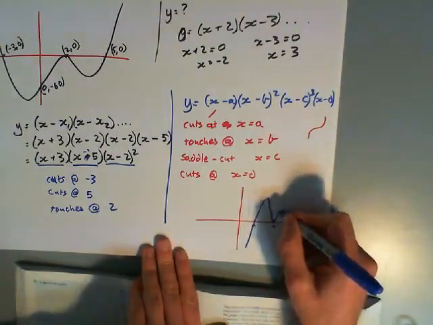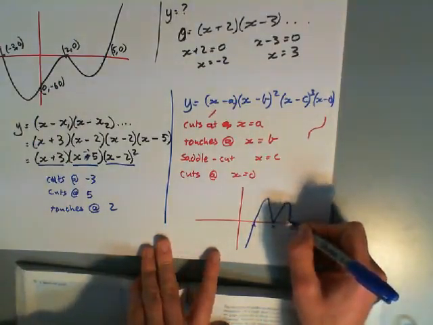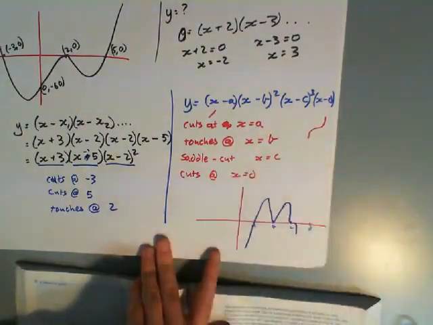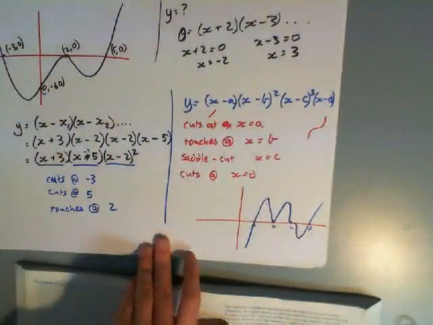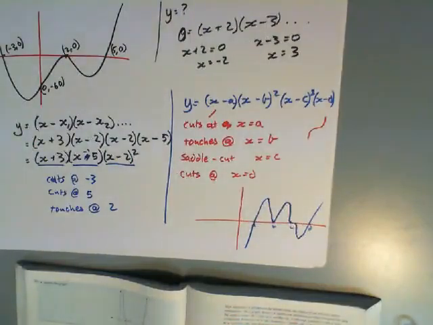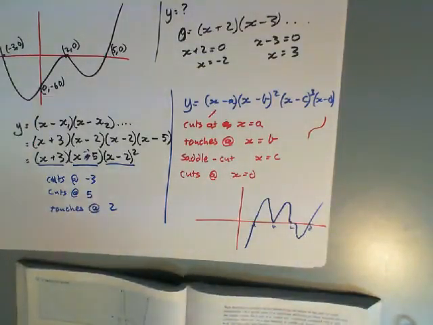C, we're going to saddle cut it. So we go down and something like that. And then point D, we're just going to go straight back through it. Okay, I'll leave this video here and I'll do an example in a moment.